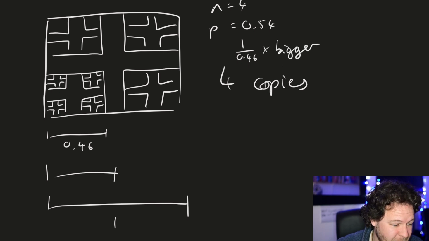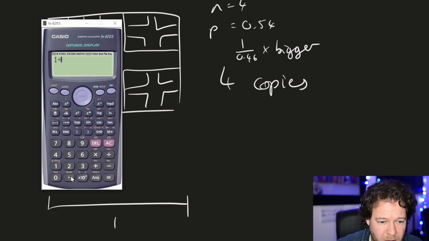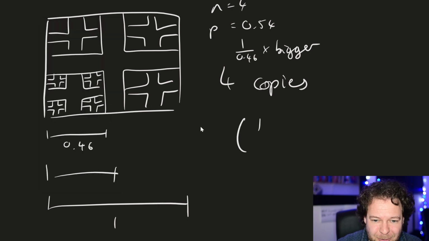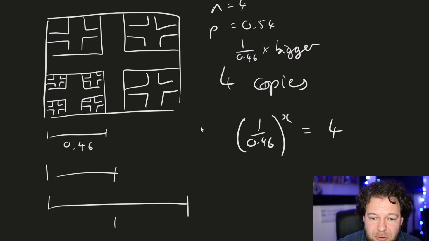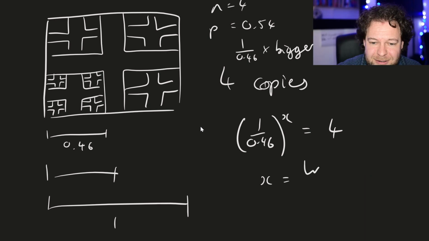Let's get a number for that. 1 over 0.46 is 2.17, and then the equation I need to solve is that number, so 1 over 0.46, it's just a bit bigger than 2, and that makes sense. It's just a bit more than 2 times longer there, to the power of something equals 4. So let's solve that. Going quickly, log 4 over log 1 over 0.46.